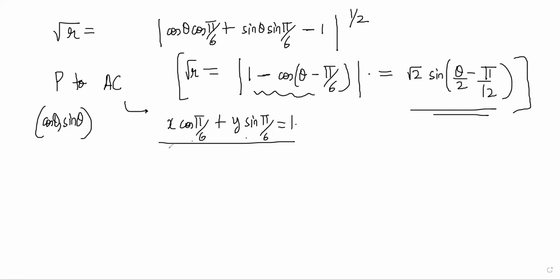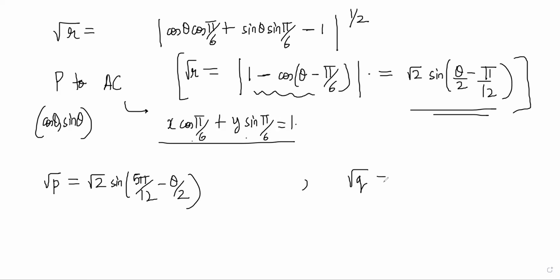Similarly, following exactly the same process, we know the equations of the three sides of the triangle, so we can find root P also, and you can check the calculations. Root P comes out to be root 2 sine of 5 pi by 12 minus theta by 2. And similarly, you can find root Q also, which comes out to be root 2 sine of 3 pi by 4 minus theta by 2.